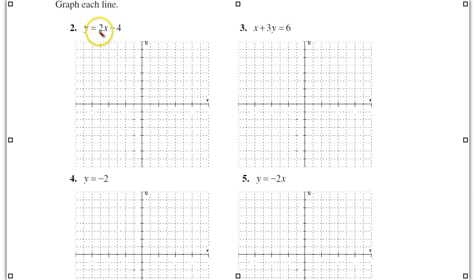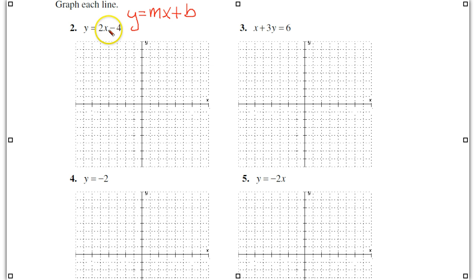So for example 2 now, they want you to graph this line. So pause it right now. Okay, it's in the form of y equals mx plus b. And this is slope-intercept form.